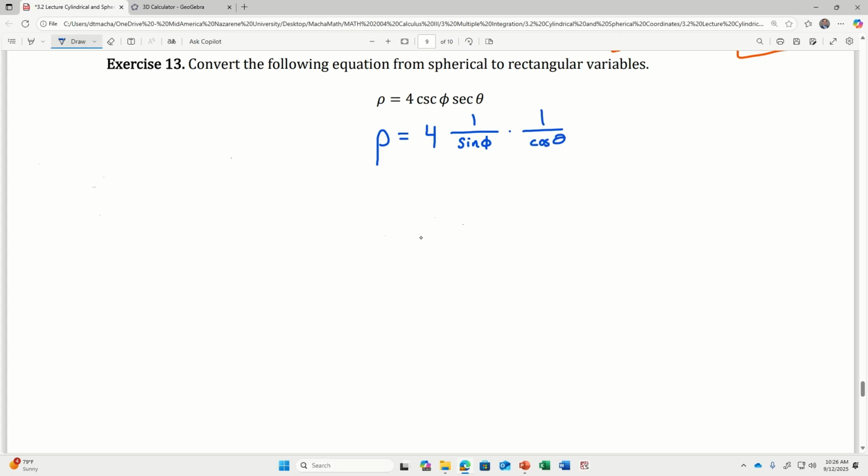Learn your reciprocal trig functions, you guys. And so that way I can write 4 equals rho sine of phi cosine theta.